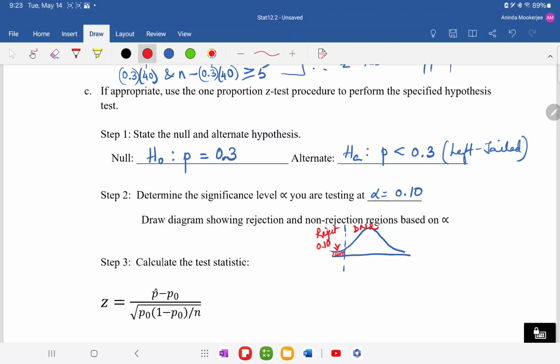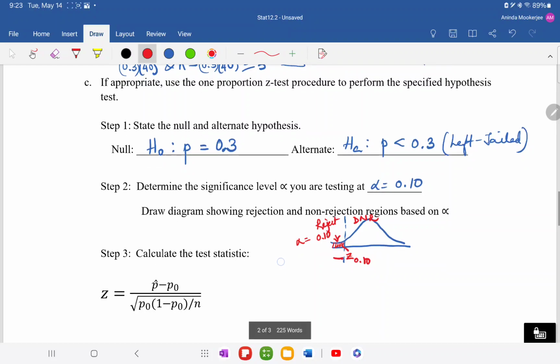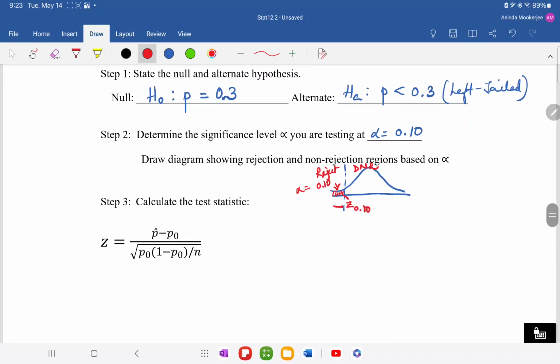Now, because this is a one tail test, we do not need to split our alpha. So negative z of 0.10 is what our critical value is going to be for this hypothesis test. We will find it later when we use the critical value approach to come to a decision.